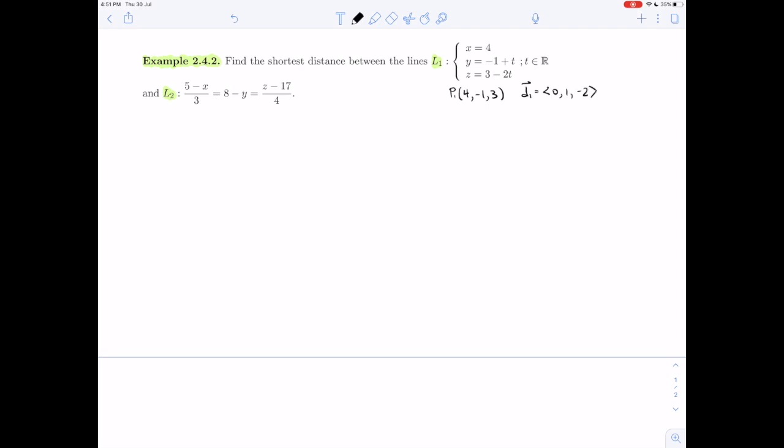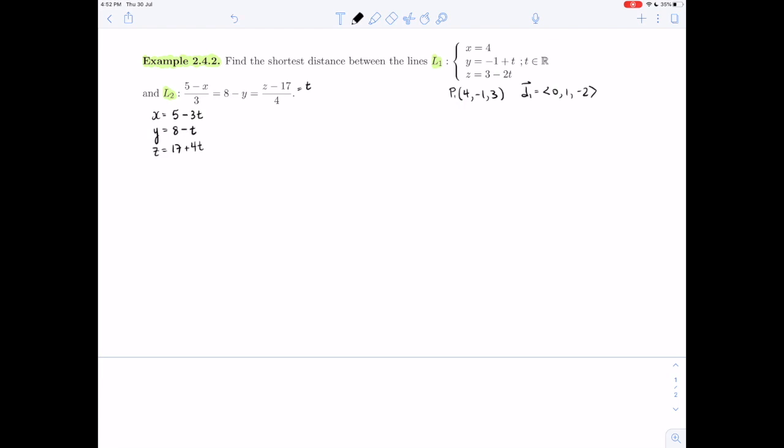L2 is in symmetric form, so we have to remember that this is all equal to t. And if we put it into parametric form to make it a little bit more readable, we will get x is 5 minus 3t, y is 8 minus t, and z is 17 plus 4t.